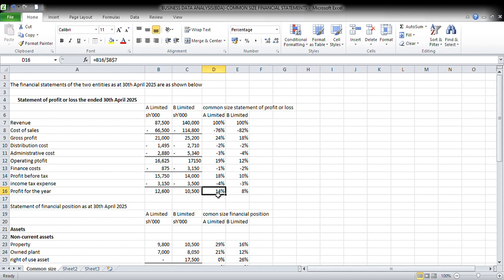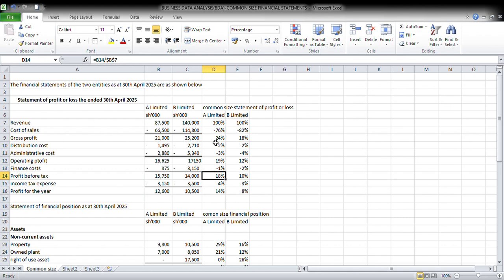Company A has profit of 14%, company B has a profit of 8%. So in terms of profit, company A is more profitable. Then also the profit before tax, 18 and 10. So company A still has more profit before tax.